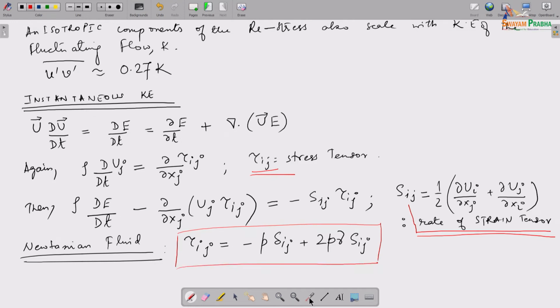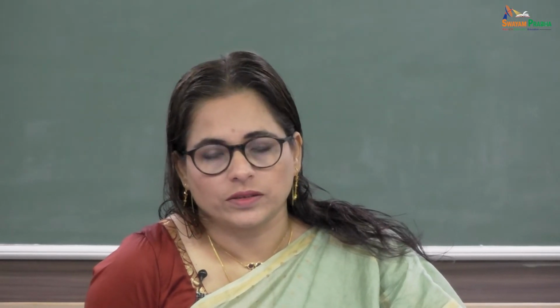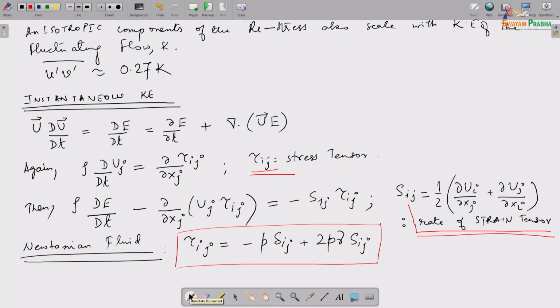This is again the Kronecker delta. So you can see that if i is equal to j, you will have essentially the normal directions, right? So xx, yy, zz. So this is again Sij, the rate of strain tensor, right? Now from this, okay.